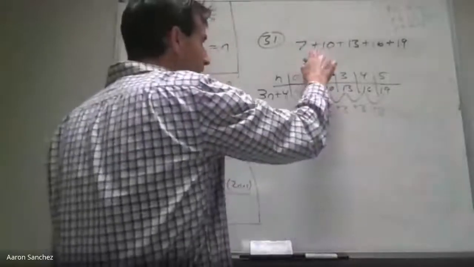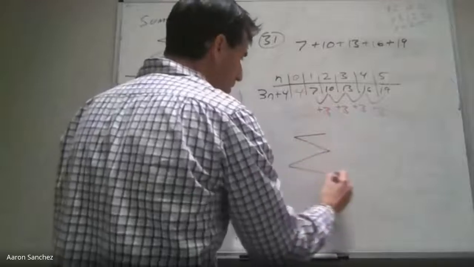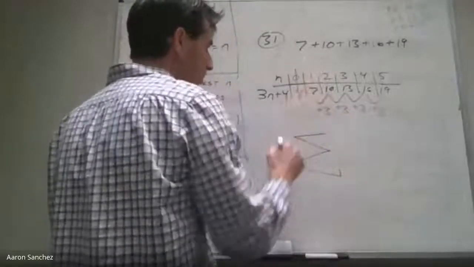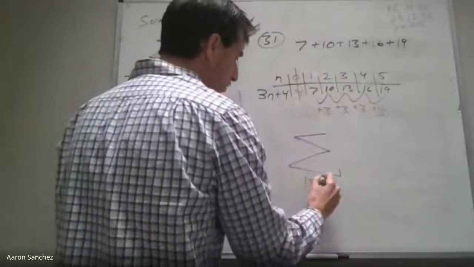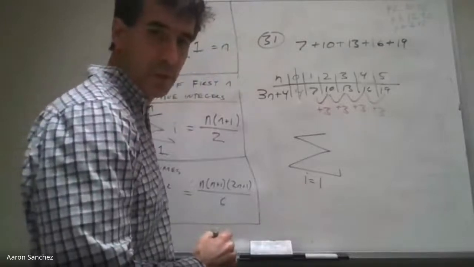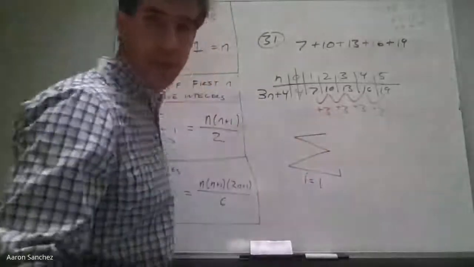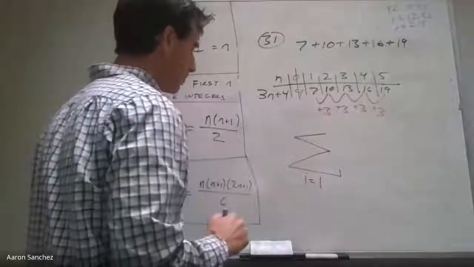So how do I write this in summation notation? Here's the answer that we were looking for. This is not part of our rule. This was to help us get this. We start with the first term. What do I put up here on the top? Dennis, what do I put here on the top? 5.